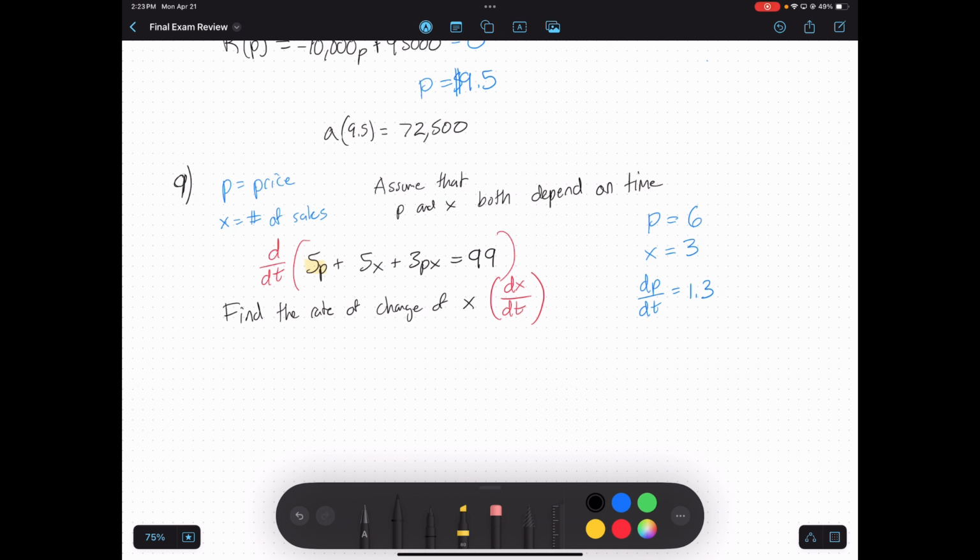Just 5. But because I'm taking this in terms of t and not p, I'm then going to multiply that derivative by what? Right, dp over dt, or p prime. We've used p prime before, or you could write dp over dt. Riley's just skipping to the step where we go ahead and plug in 1.3. Okay. Next term.